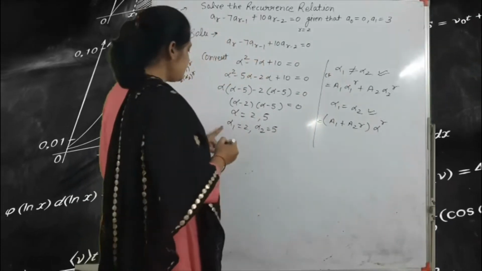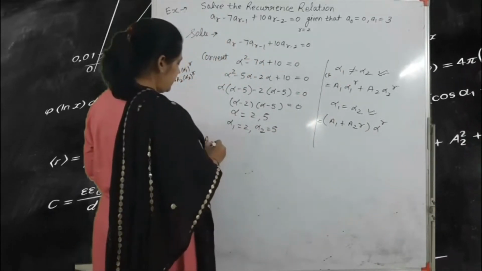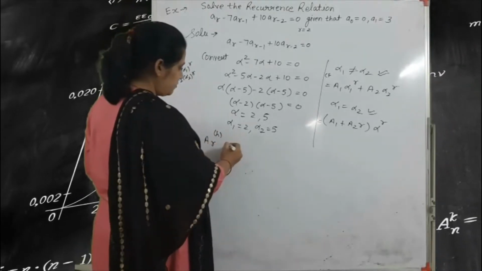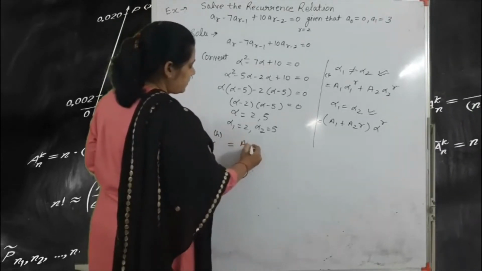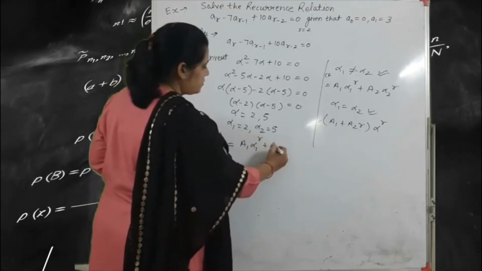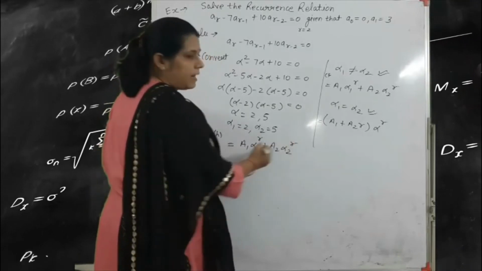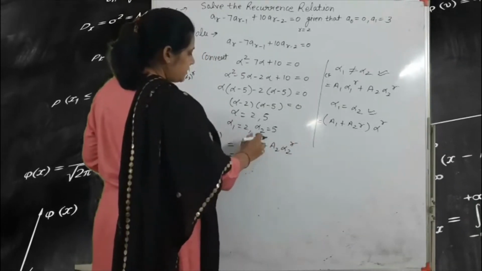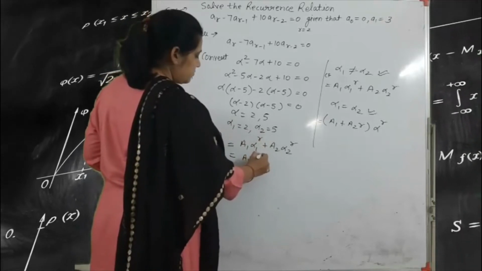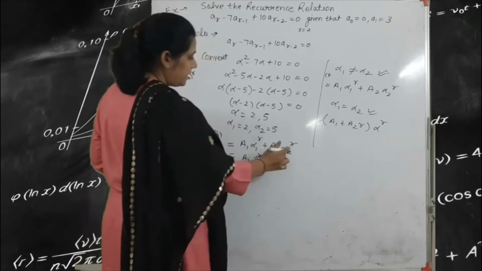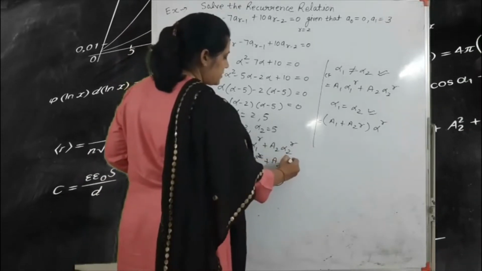So here we write the ARH is equal to what? A1 alpha 1 to the power r plus A2 alpha 2 to the power r. So A1 alpha 1 to the power r, that means 2 raised to the power r, plus A2 alpha 2, that means 5 raised to the power r.